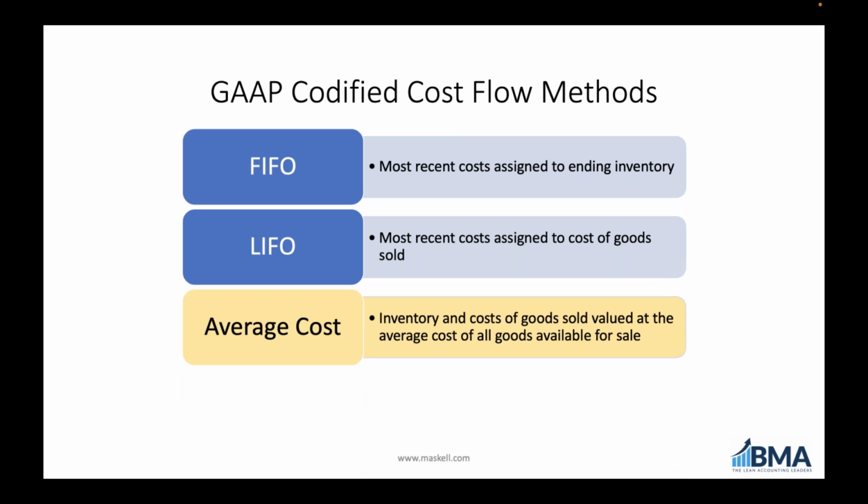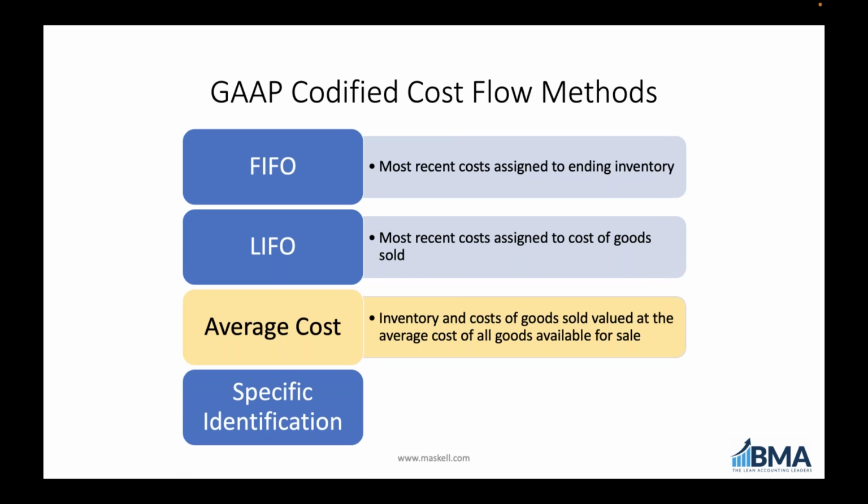It also allows for the average cost methodology, in which inventory and cost of goods sold are both valued at the average cost of all goods available for sale. Then there's also something called the specific identification method, where you can really assign the exact costs to each product as it is being built or produced.